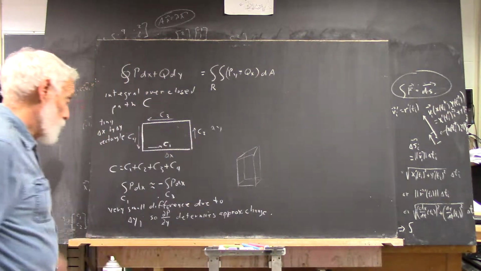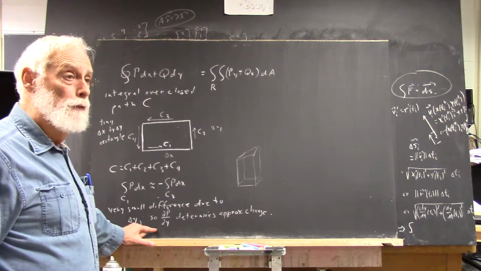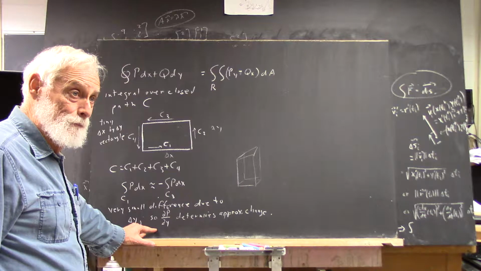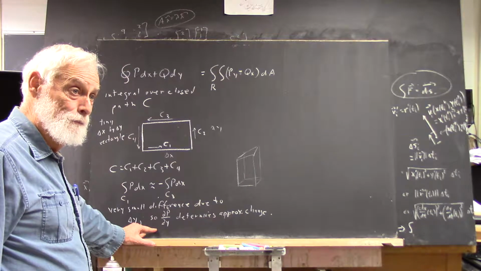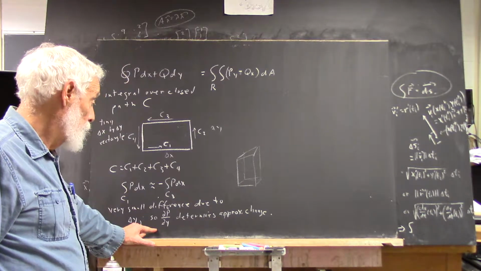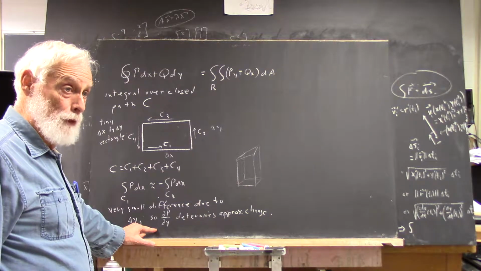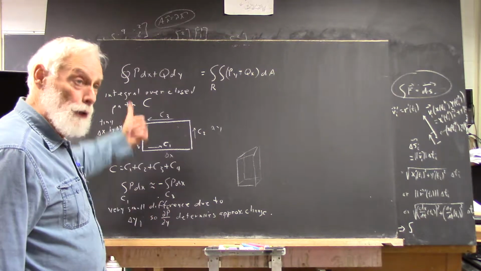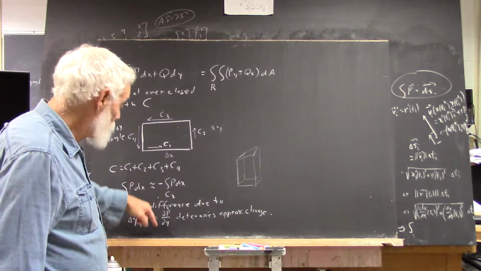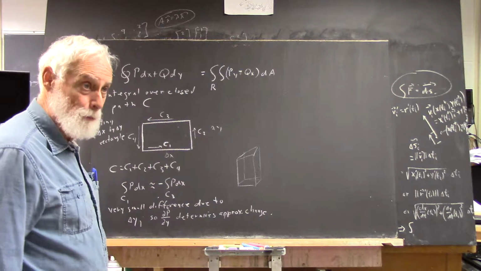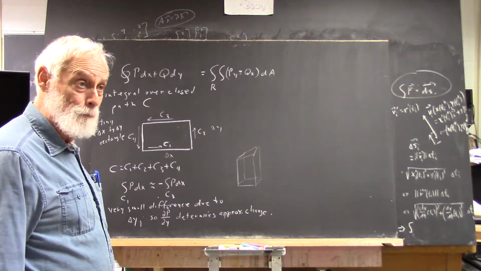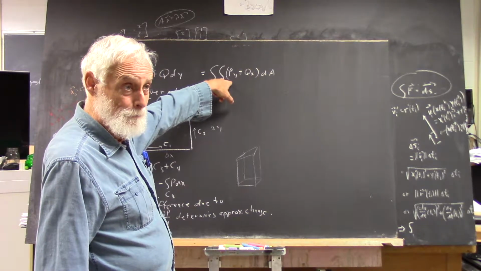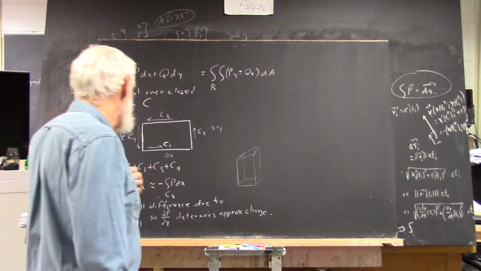That's one idea I want you to lock in, because when we prove Green's theorem next time, at least with a little hand waving, you're going to need to understand that. Okay? P changes between here and here because it changes when y changes. So you take its partial with respect to y, and that gives you an estimate of how much it changes, right? And there you see the py, right? Okay?